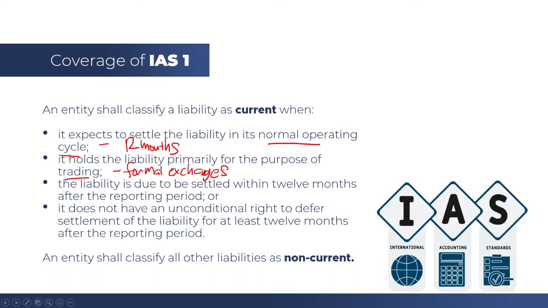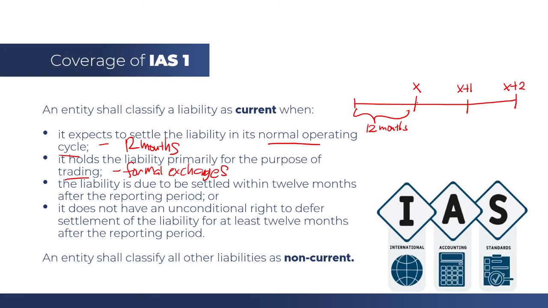The third one is if the liability is due to be settled within 12 months after the reporting period. So for example, if you're accounting for company A, you have three periods here. This is the reporting period of 12 months. This is the end of year X plus 1, end of year X plus 2.